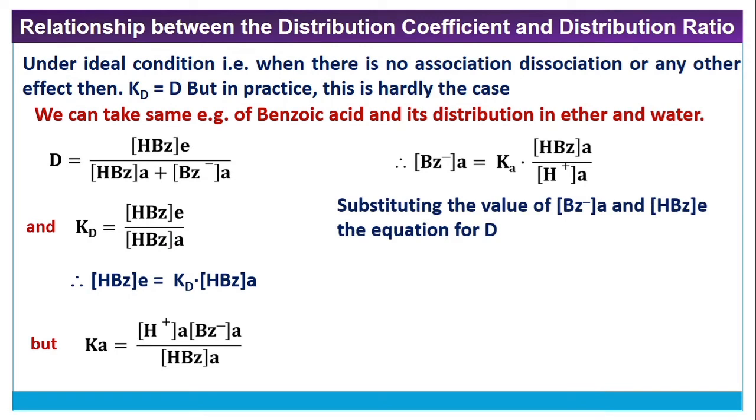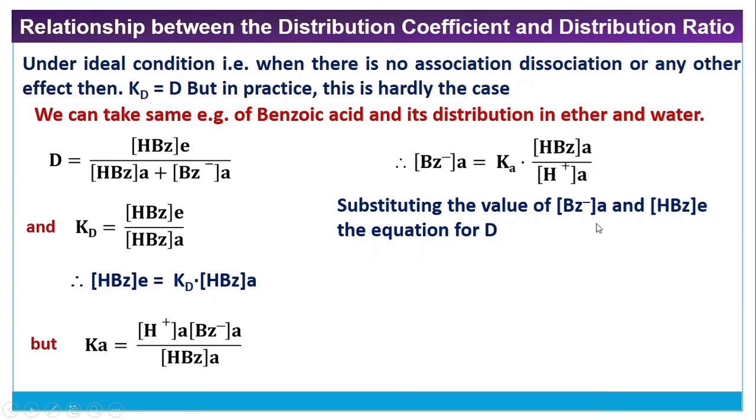Now substitute these values of benzoate ion concentration in the aqueous medium and benzoic acid concentration in the ether medium into the equation for distribution ratio.